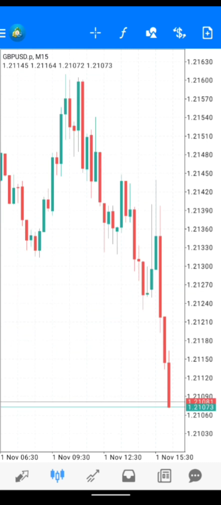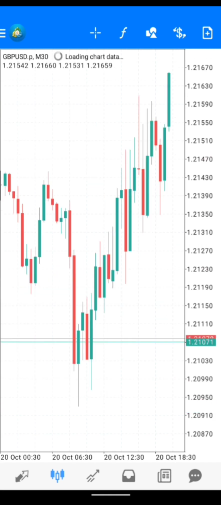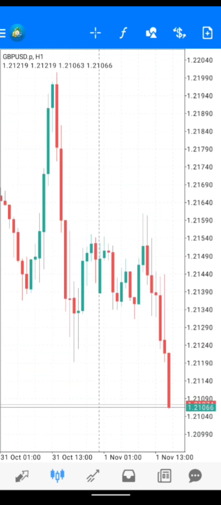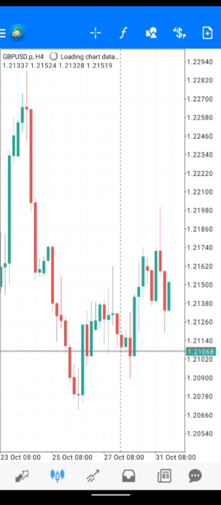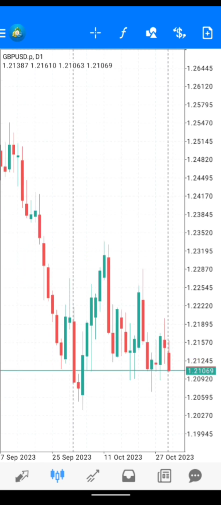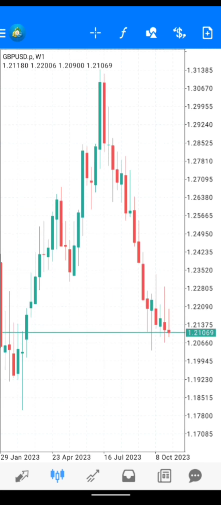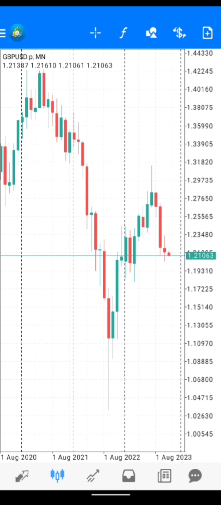We have the 15 minutes, the same. Each candle here represents price action every 15 minutes. We have the 30 minutes, M30. We have the H1 is the 1 hour time frame, H4 is the 4 hour, D1 is the daily time frame. So each candle here represents price action for a single day. So W1 is the weekly time frame. So each candle here is a weekly price action for a week, and then MN is the monthly time frame.